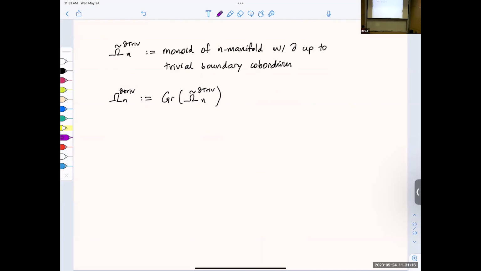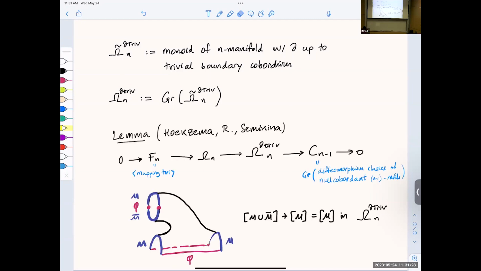Now, you can construct a monoid of n-manifolds with boundary up to trivial boundary cobordism, and you can take the Grothendieck group of that. In the second part of this project, with Renee Hoekzema and Semikina, we constructed this exact sequence which relates the classical cobordism group with our cobordism group with trivial boundary.